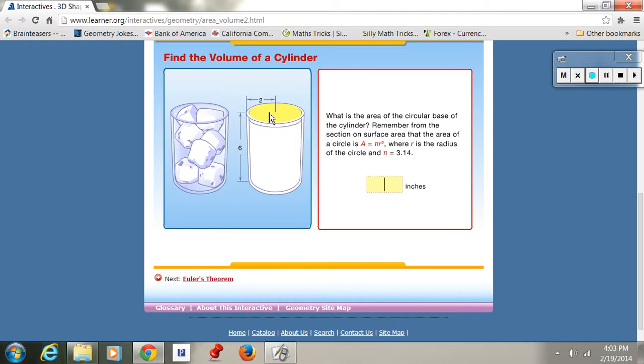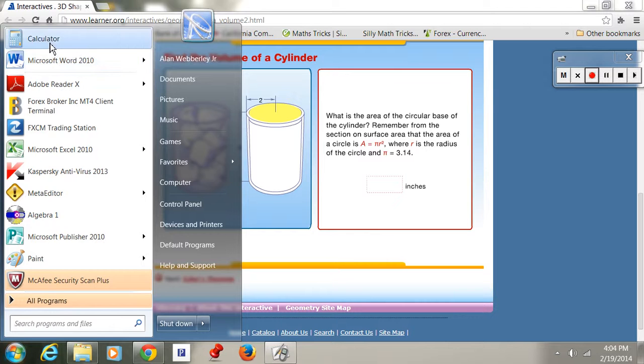That represents one layer of cubes, and then you multiply it by the height, which would be how many layers of cubes you'd have. So in this case, it says, what is the area of the circular base of the cylinder? Remember from the section on surface area that the area of a circle is A equals pi r squared, where r is the radius of the circle and pi is 3.14. So we're looking for the area of the circular base.